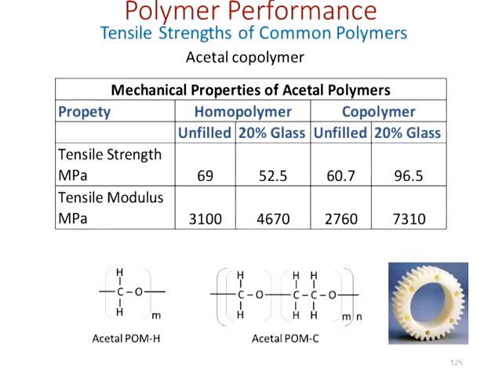So if we look at the mechanical properties of this acetal polymer, we look at the property of the homopolymer and the copolymer, and we're going to also look at the filling it with glass to see the impact. So if we look at the tensile strength of the homopolymer, it's at 69. The homopolymer has higher tensile strength than the unfilled system at 61.